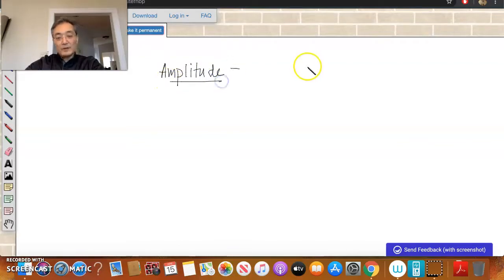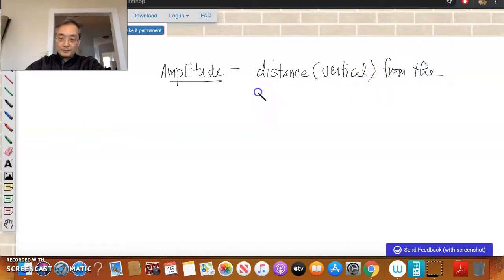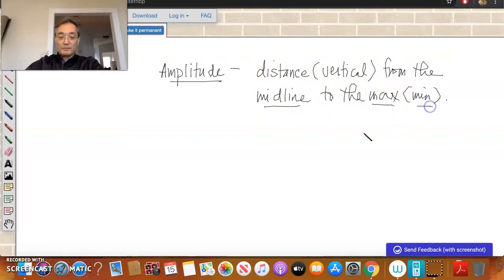Amplitude is the vertical distance from the midline to the max or min. That's it. Amplitude is the vertical distance from the midline to the max or the min.